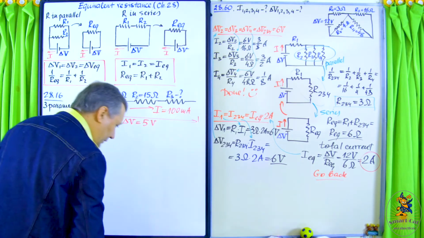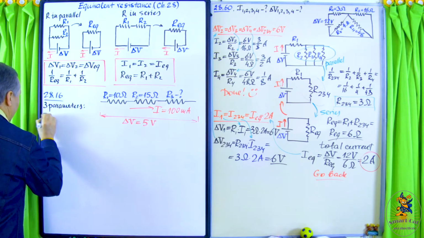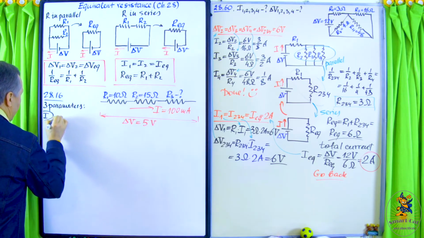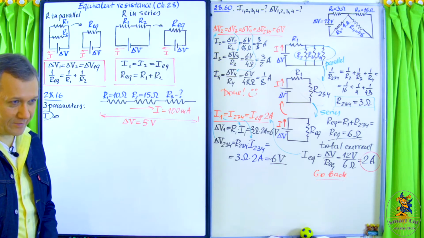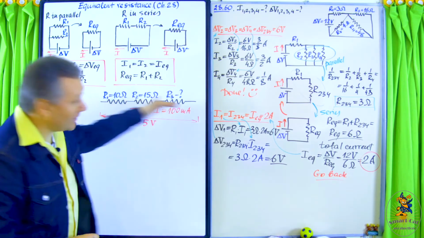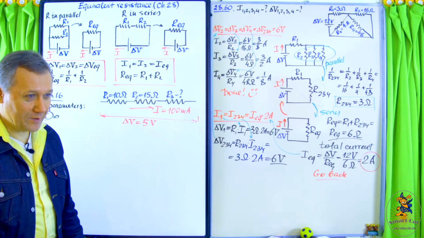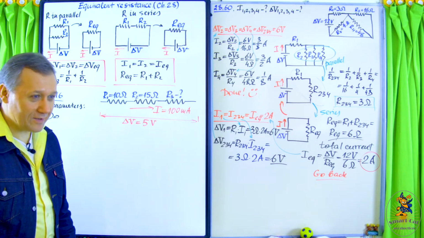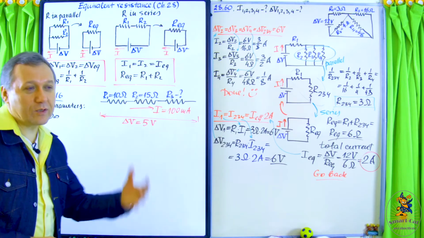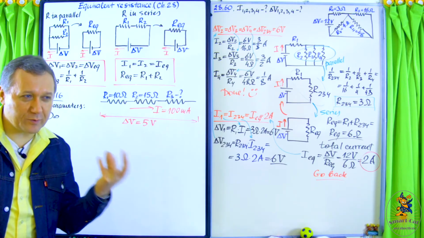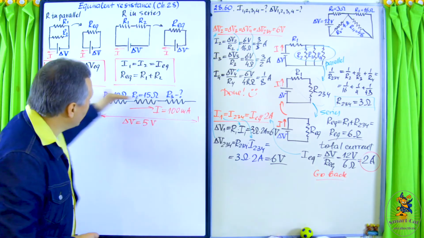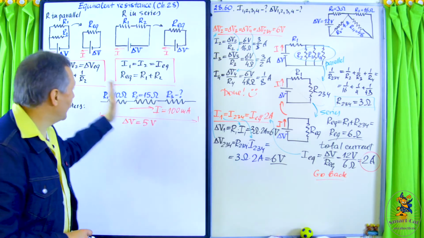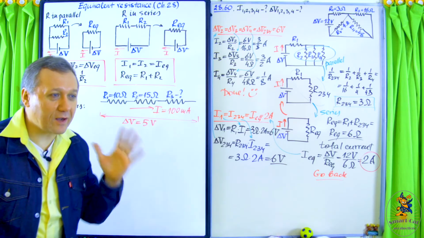So let's start with current. What can we say about current through these resistors? These guys are connected in series, obviously, so the current is the same. You remember conservation of current, which we discussed in a previous lecture. Since we don't have any junction points, it doesn't matter where you measure, the current will be the same.